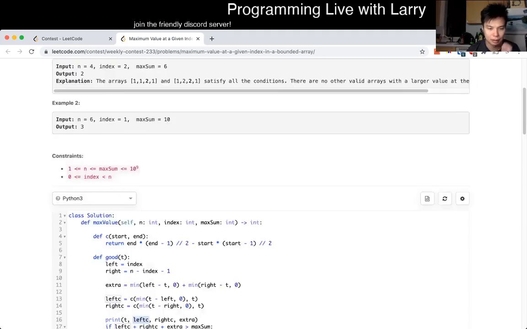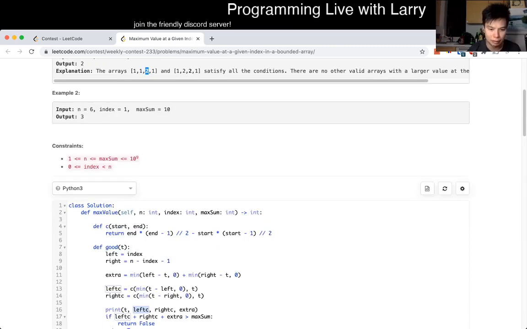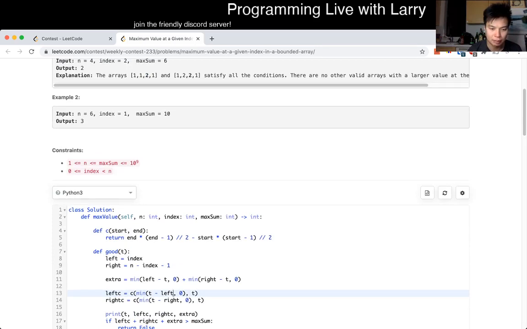What are the inputs? So for index 2 and max of 6, if the first number is 1, then we have 2 numbers on the left, and that means that we want this to be 0.